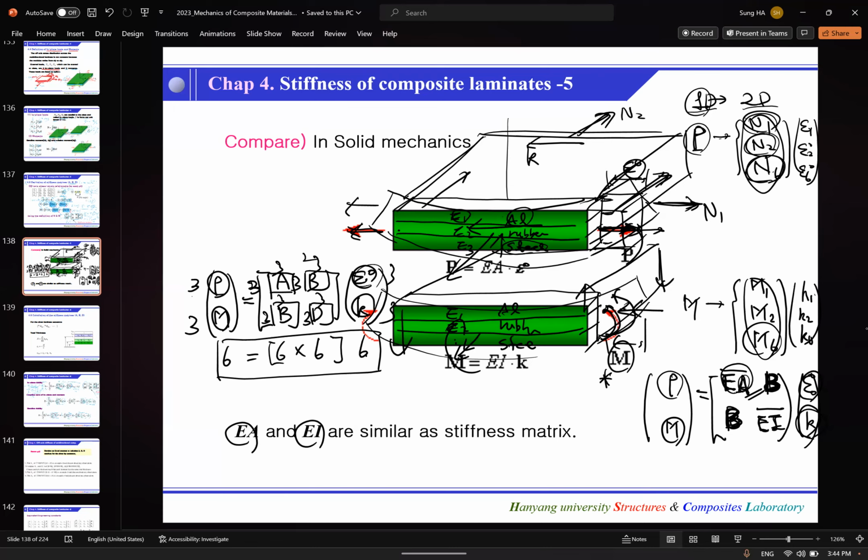This one is already defined, but the main point is how we derive this, which we call the ABD matrix, depending on the material property and sequence. That is the key point. Depending on the material property of each ply and the sequence.